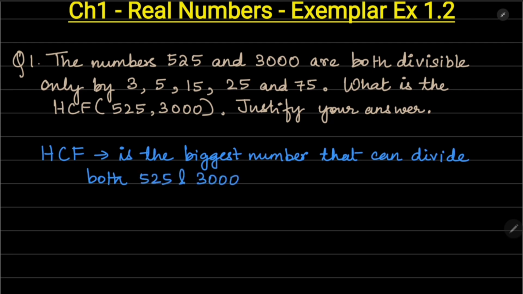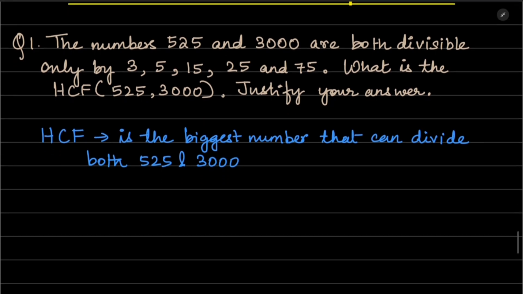So out of all the numbers that are given to you, the highest number that can divide both the numbers is going to be 75. So therefore the HCF of 525 and 3000 will be 75.